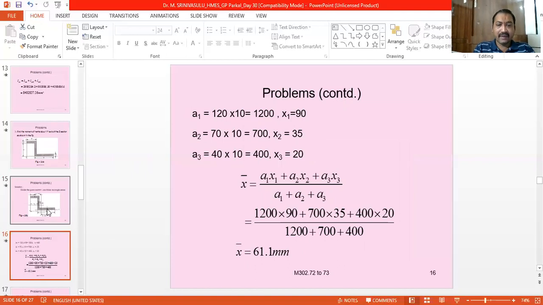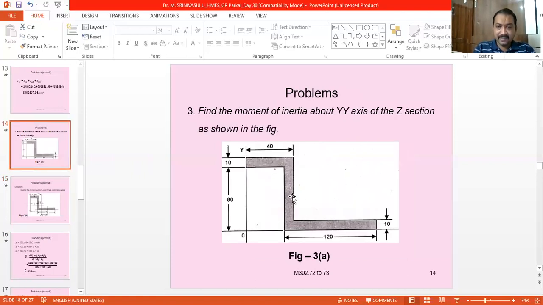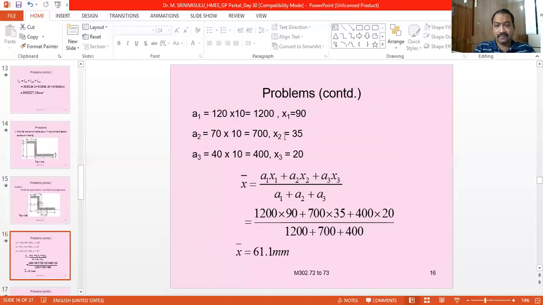Similarly, a2 we got 70 into 10, this height is 70 into 10. Coming to the x2 point, up to here it is 30 and this is 10, so 30 plus 10 by 2, that is 35, is the x2 value.